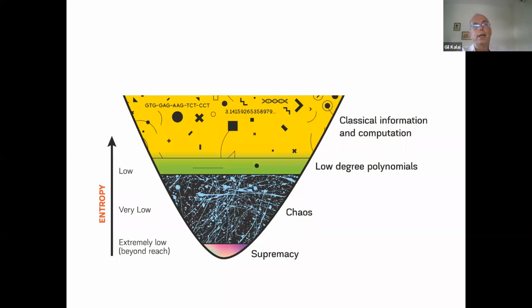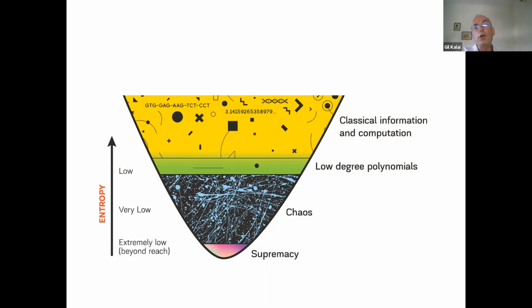So here is the description of the world, which is true for NISQ systems and probably extends for larger scale systems. For a large amount of noise or large entropy, you can have classical information and all the computation we see in nature.